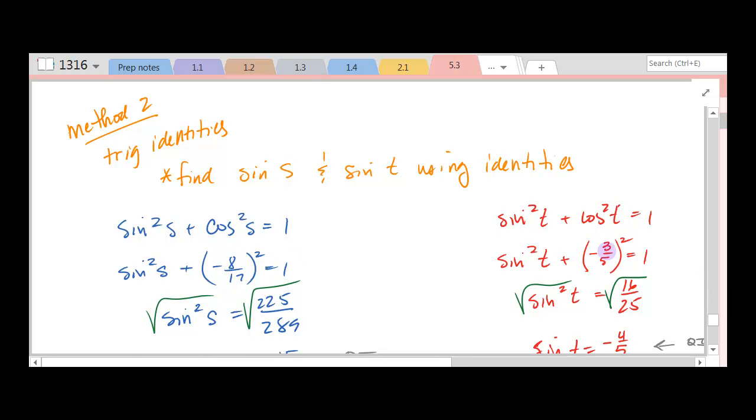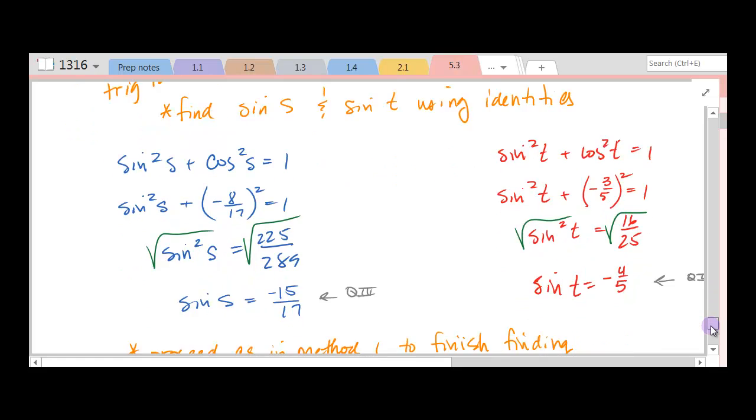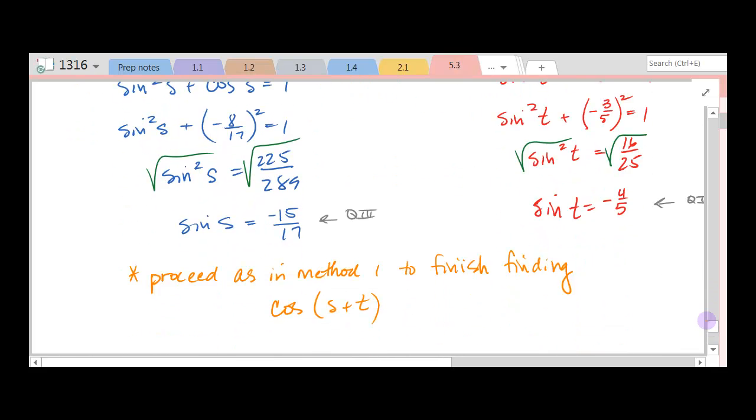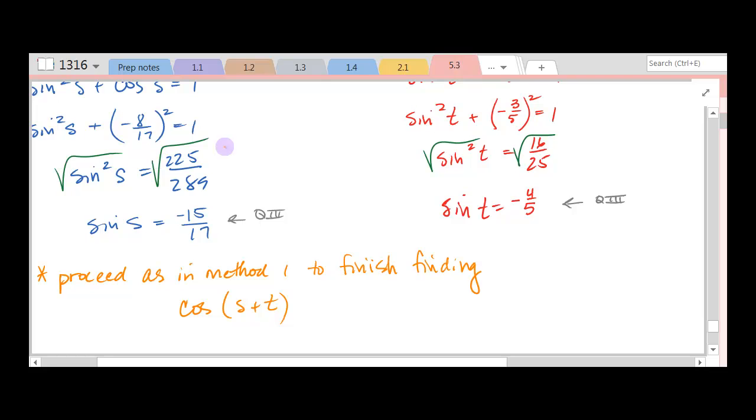And I would do it again over here for the cosine of t. Simplifying both of these equations separately, you find that the sine of s is negative 15 over 17, and the sine of t is negative 4/5, which is the same thing that we found using the previous method, or method 1.